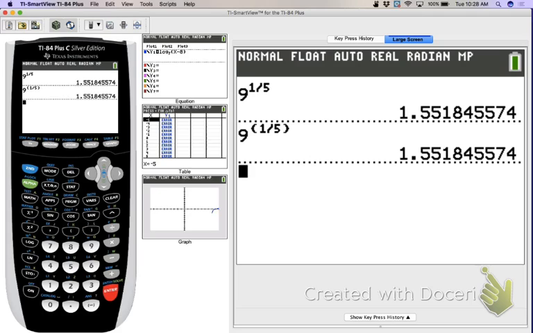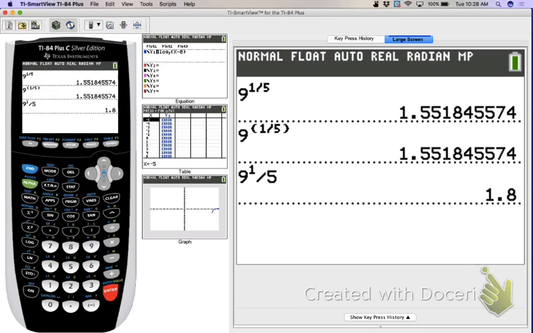If you don't use a parenthesis, it would read 9 to the 1st power and then divide by 5. That's different than 9 to the 1/5 power. So if you have a TI-83 or a scientific calculator, make sure you put a parenthesis around your exponent.